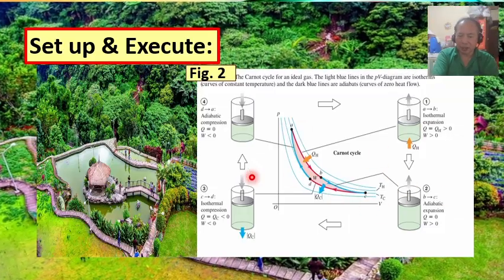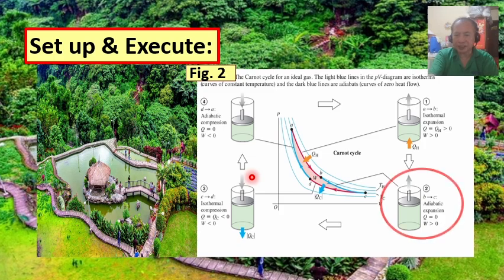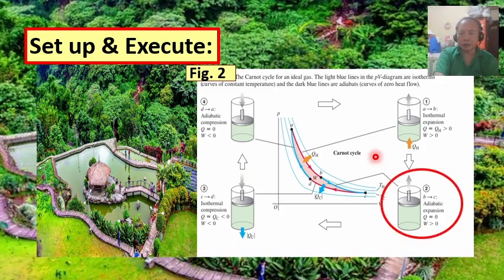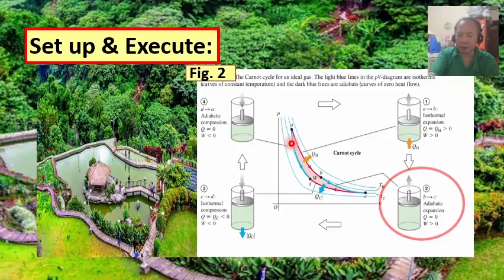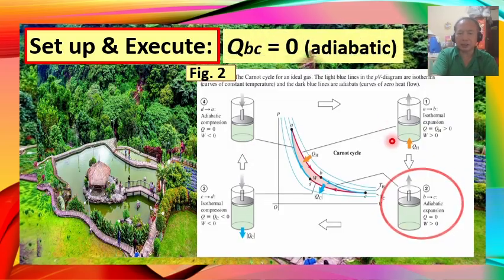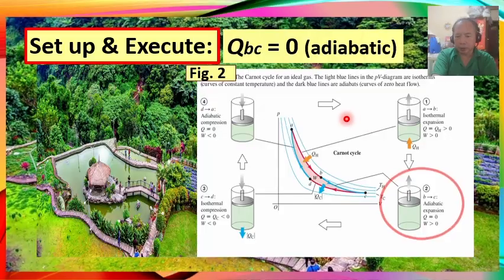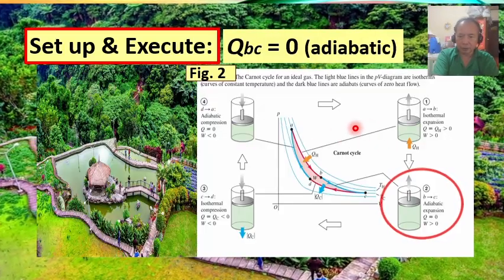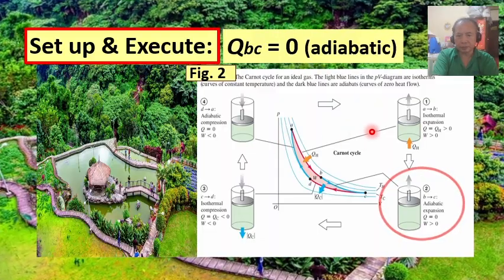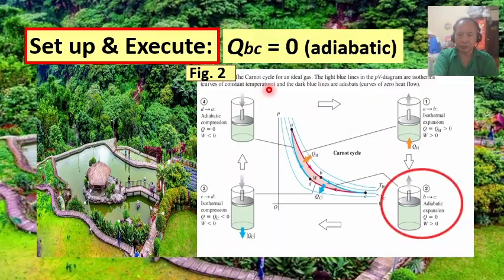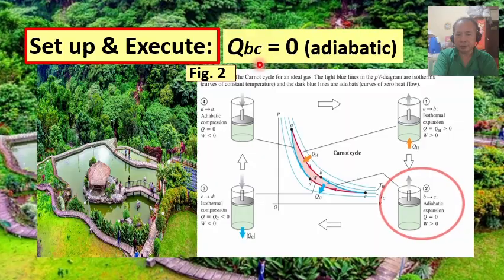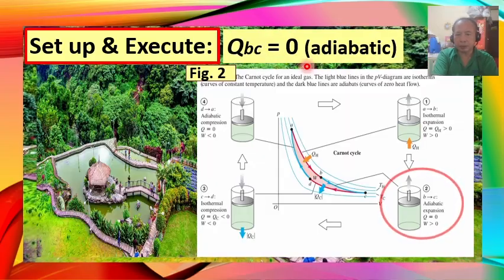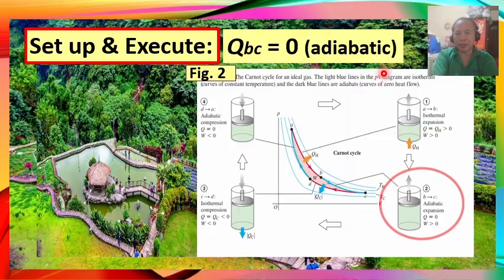So this process in step 2 is considered an adiabatic expansion of the gas, where there is no heat absorbed by the gas and there is no heat given off by the gas either, right? So Q sub BC equals 0. We call that an adiabatic expansion of the gas.